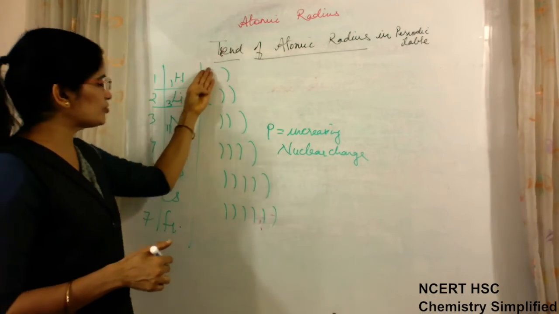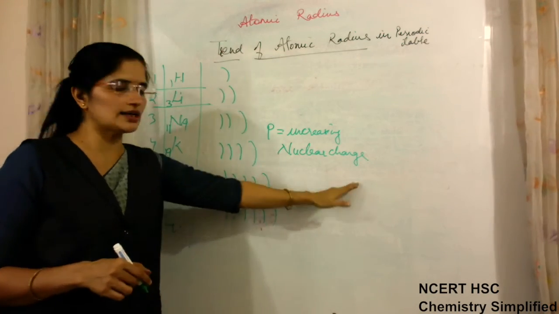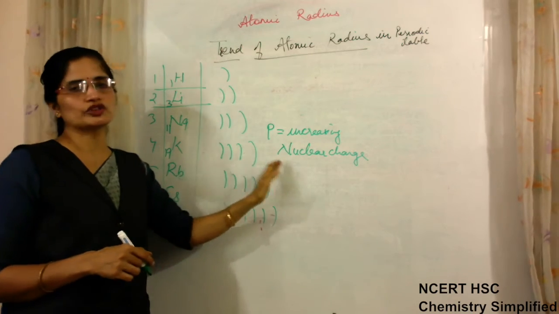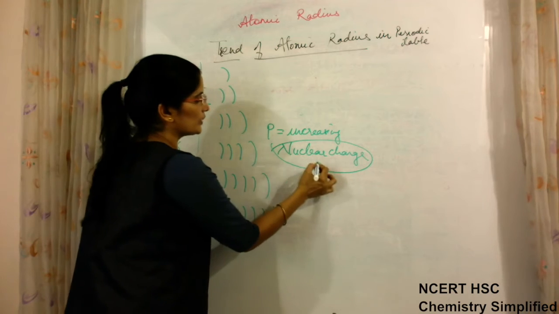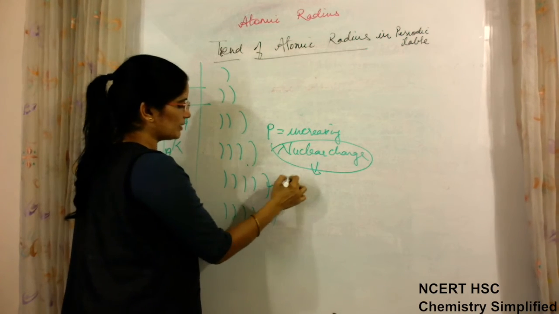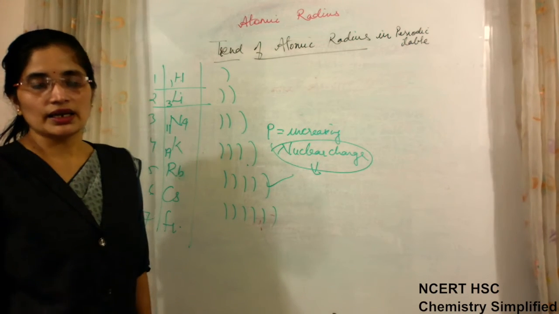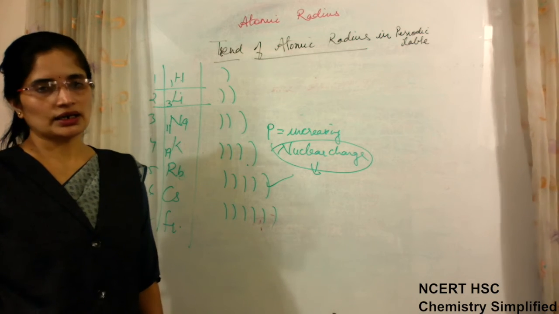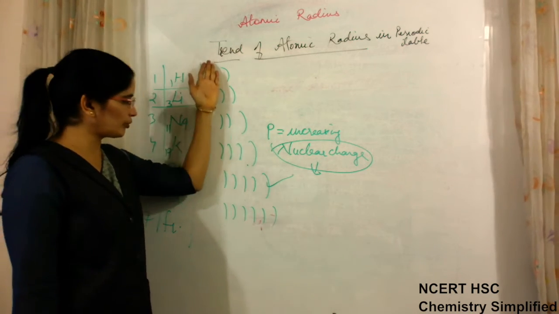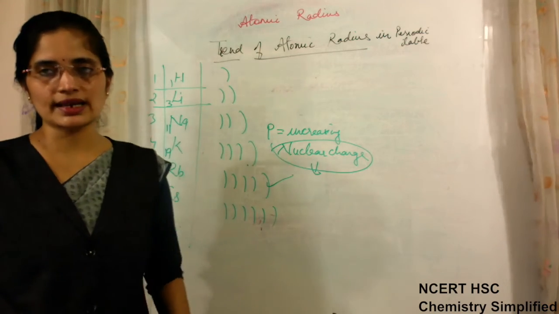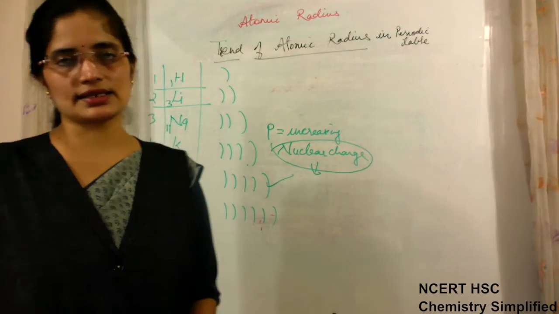So when we move from top to bottom, nuclear charge is increasing as well as the number of shells. But the effect of increased nuclear charge is cancelled by the effect of the increasing number of shells. And because of this, when we move from top to bottom, atomic size always increases.